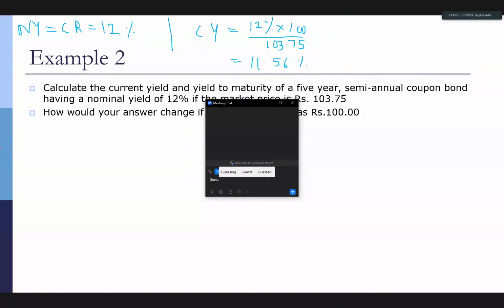Remember, do your calculations based on annual figures, right? Ravindu also, your guess one is different.